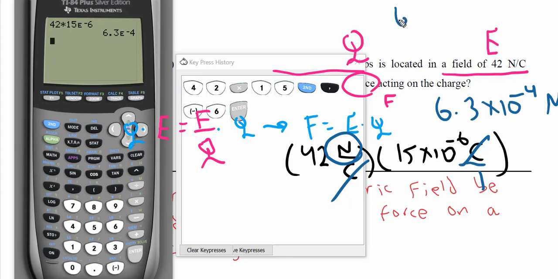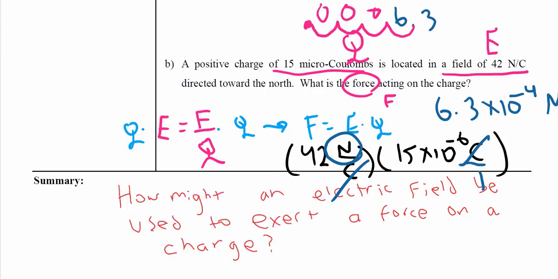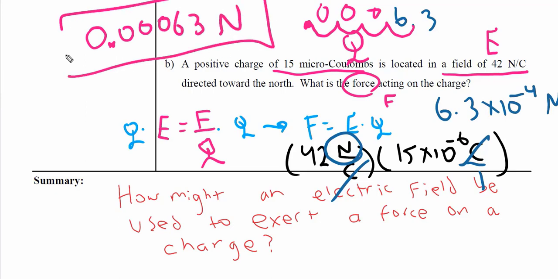That looks like 6.3, but I want to move it over 4 spots to the left. 1, 2, 3, 4. So essentially, 6.3 times 10 to the negative 4 is the same as saying 0.00063 newtons. Okay, be comfortable with either one of these two.